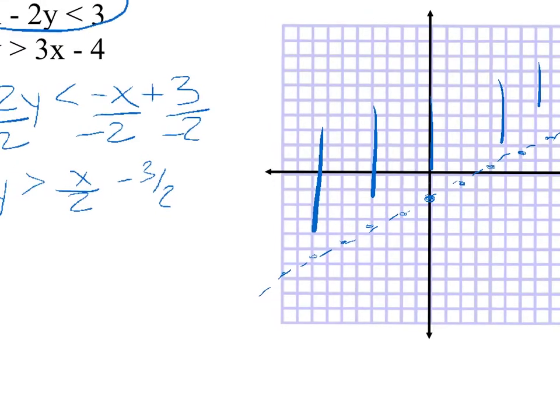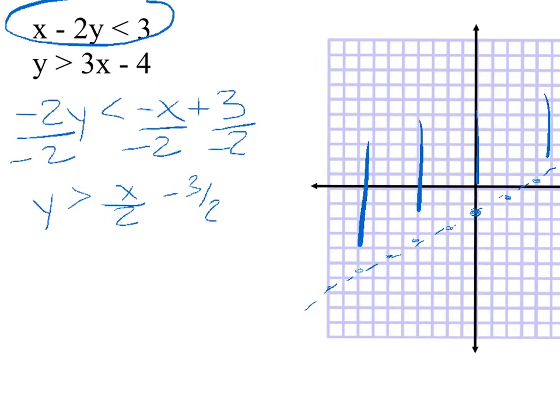And then for the other one, we have negative 4, 1, 2, 3, 4. And then your slope is up 3, 1, 2, 3 over 1. Okay, this one is going to be also a dotted line.